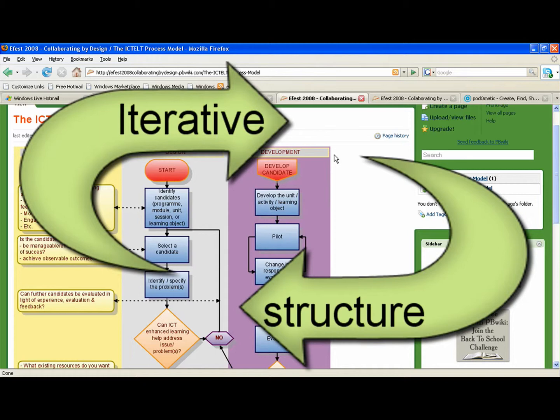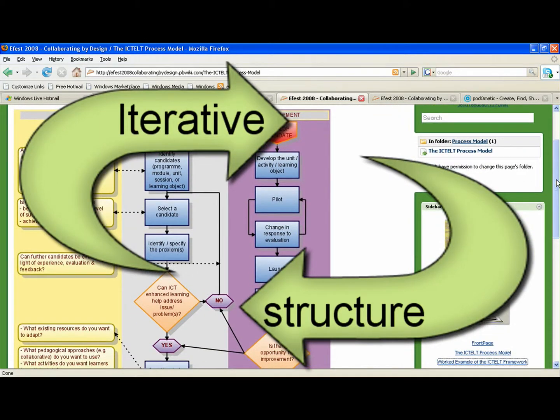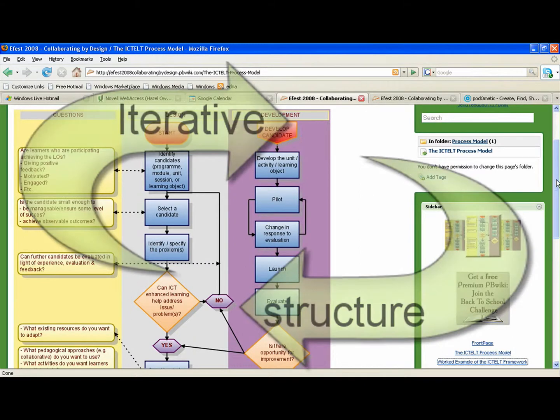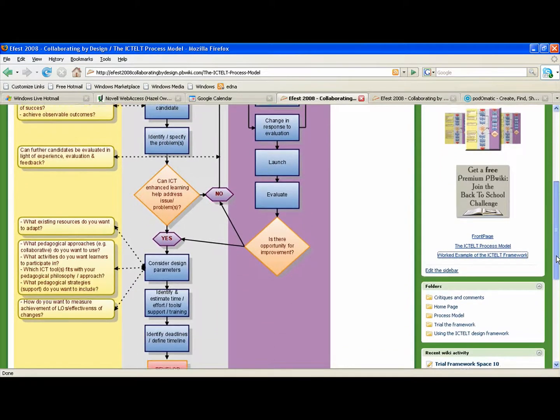It has an iterative structure, again, as you can see here, that remains flexible enough for anybody to blend approaches of their choice while also encouraging the alignment of pedagogical perspectives and practice. So it comes very much from a pedagogical point of view, whatever that may be, but that underpins the whole design process.